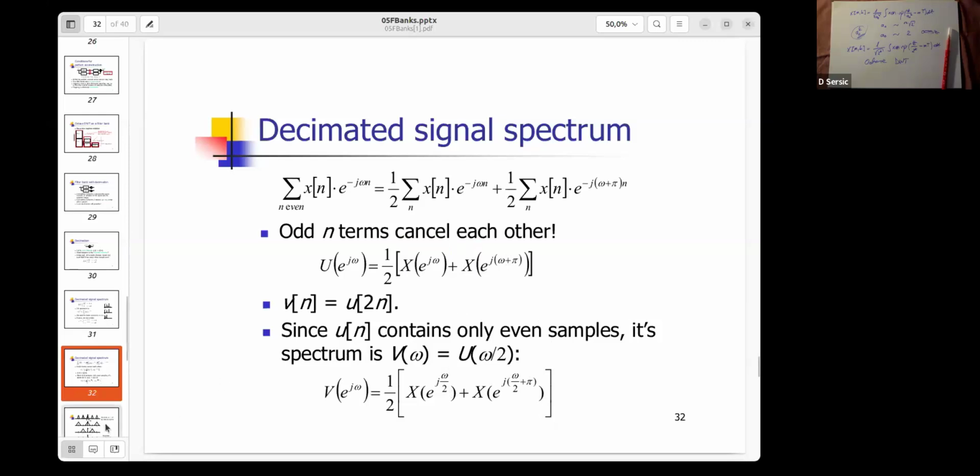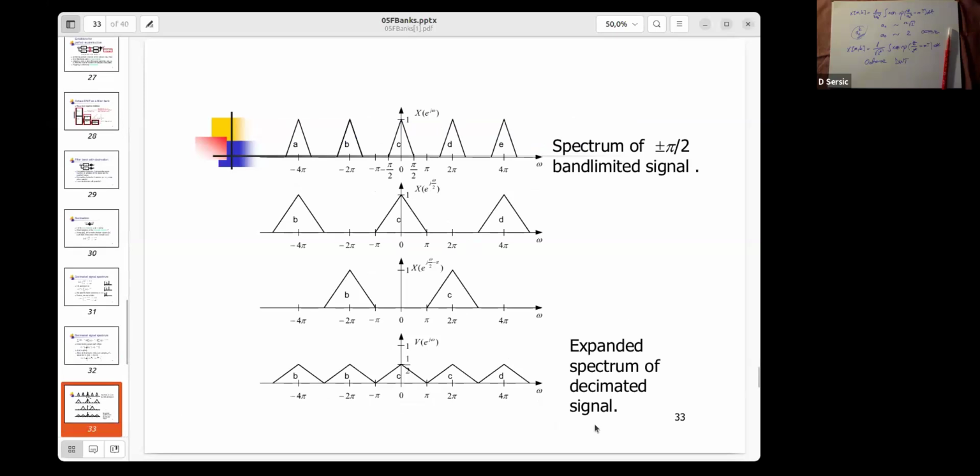How does it look? If we have some signal applied at the input of such a decimator, let's say, in our example, let the signal be band limited to pi/2. Okay, so this is the spectrum of my signal.